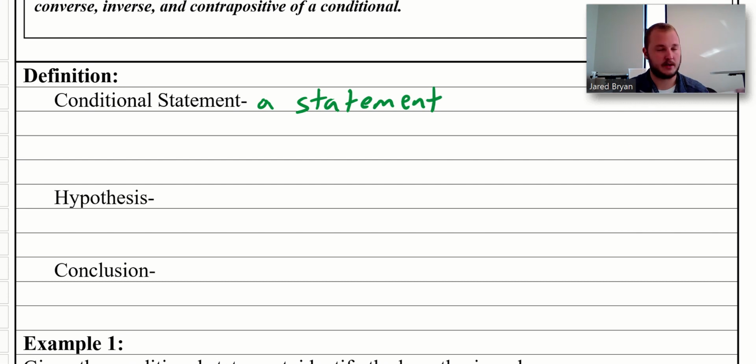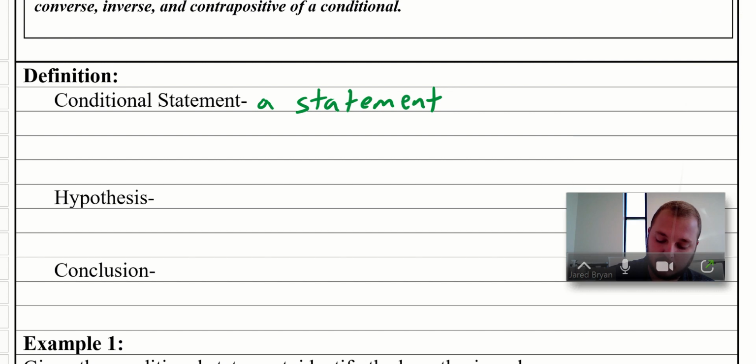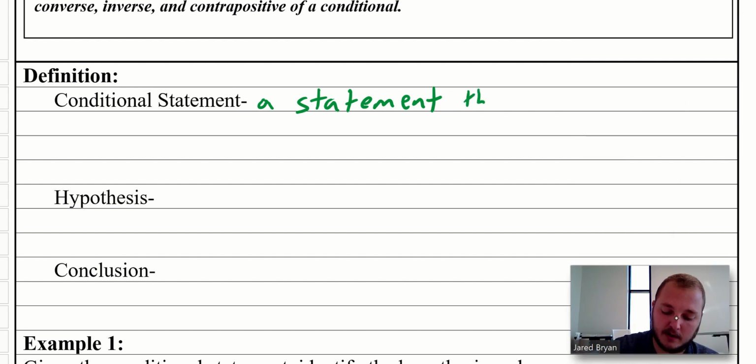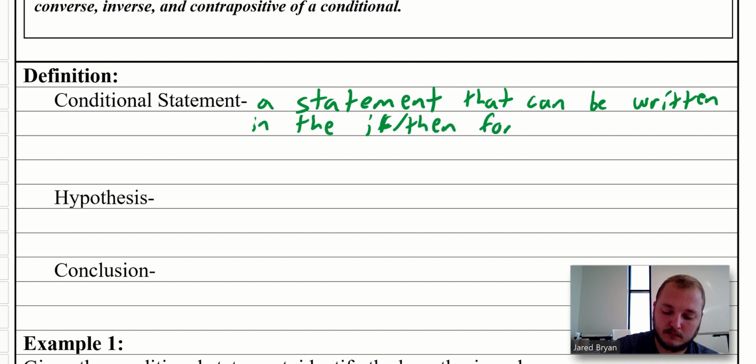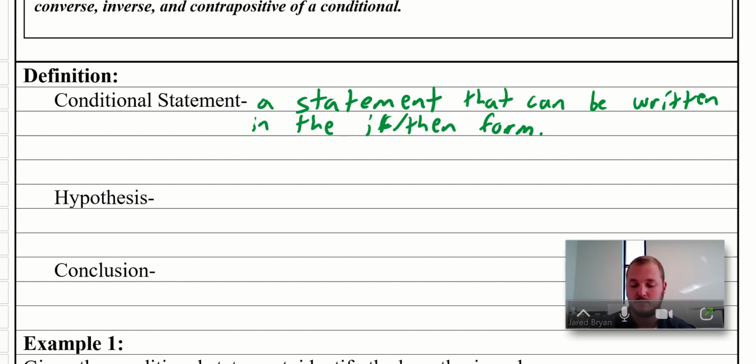It could be about math, could not be about math. A statement that can be written in the if-then form. So if something, then something else.